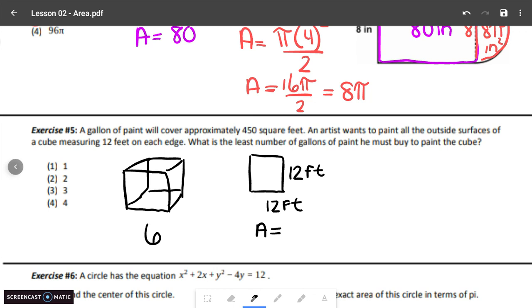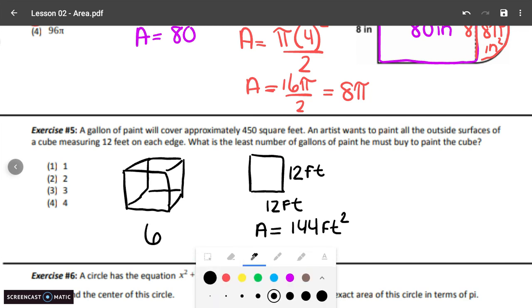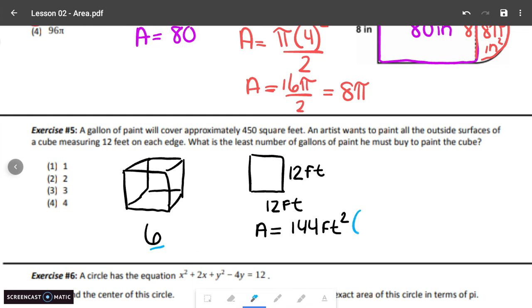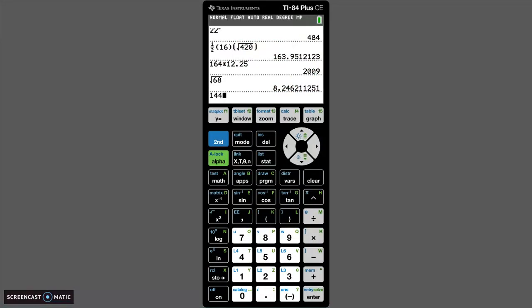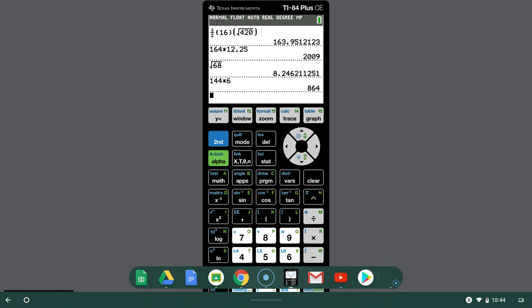So the area of one of them is 144 feet squared. Now I could add that 6 times, or I could multiply by the 6 because each of the faces is going to be the same. So 144 times 6 is 864.